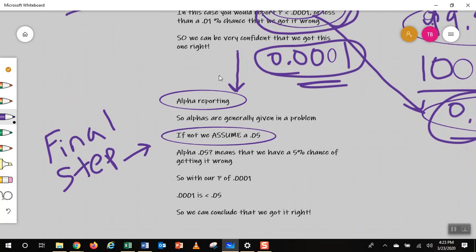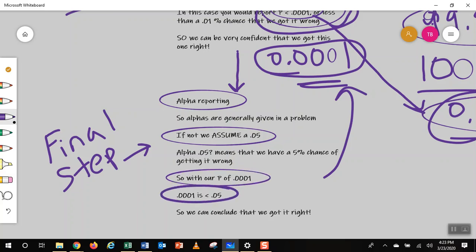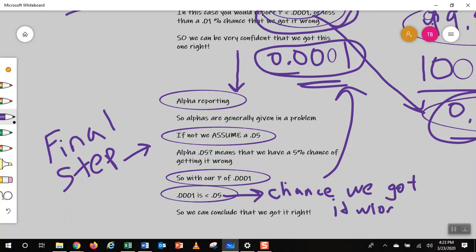So basically then we're asking, is the number we got, in this case 0.0001, less than 0.05? So 0.05 is the alpha, and that means the chance we got it wrong. Basically, I want to say, is the number we get with our formula smaller than the 0.05?